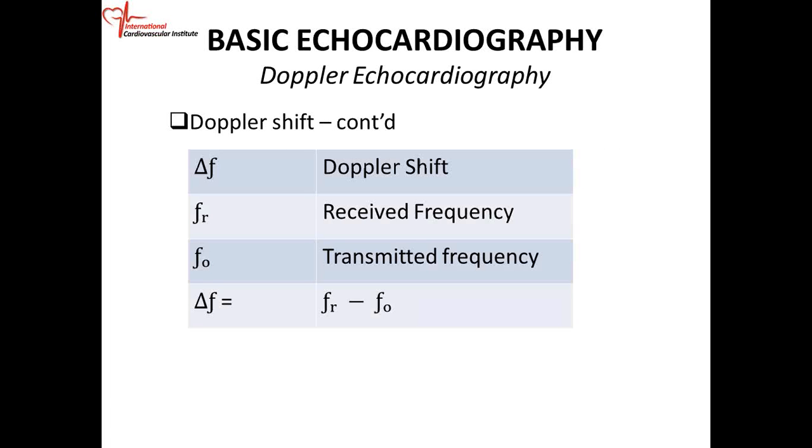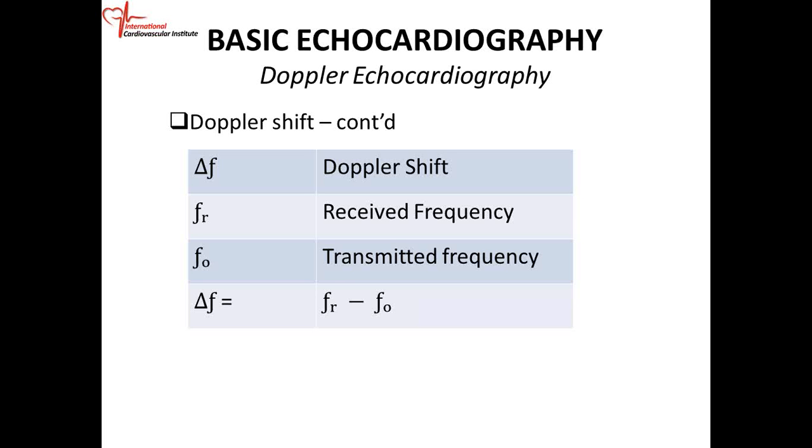And so we talk about a Doppler shift. What is Doppler shift? We talk about the received frequency, that is the observed frequency, and then the transmitted frequency. The Doppler shift is the difference between them. Remember, in the case of the observer with the train, when the train is coming towards the observer, there's an observed or a received frequency which appears to be higher.